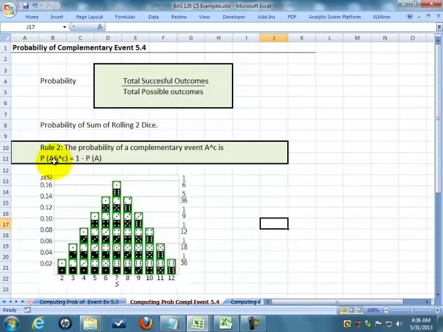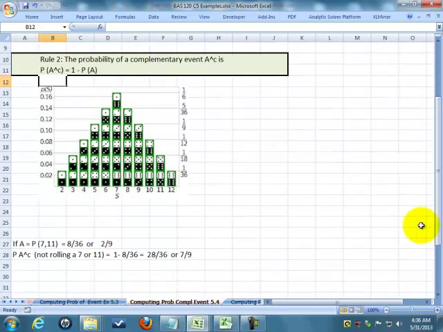Oftentimes you'll see in the book it's written as: the probability of A complement is 1 minus the probability of A. So, like we said, the probability of 7 or 11 is 8/36. So the probability that I don't roll a 7 or 11 is 1 minus 8/36, or 28/36. Common sense says I'm either going to roll a 7 or 11 or I'm not, so they have to add up to 1. So the probability of the complement is 1 minus the probability of the event.